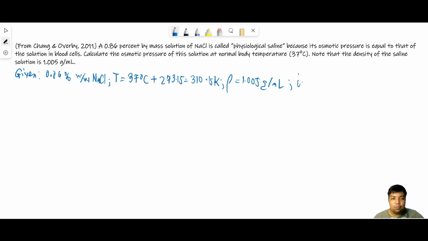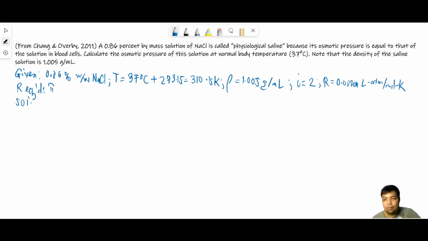Therefore, the theoretical Van 't Hoff factor of your sodium chloride solution is 2, and the universal gas constant is 0.08206 liter atmosphere per mole Kelvin. So what is required in this problem is the osmotic pressure of the said solution.